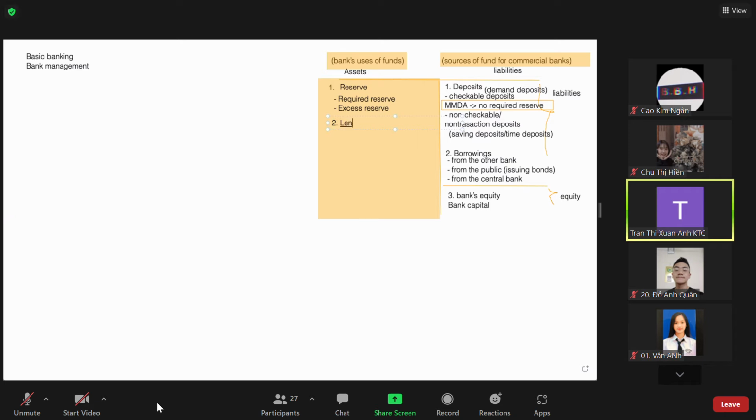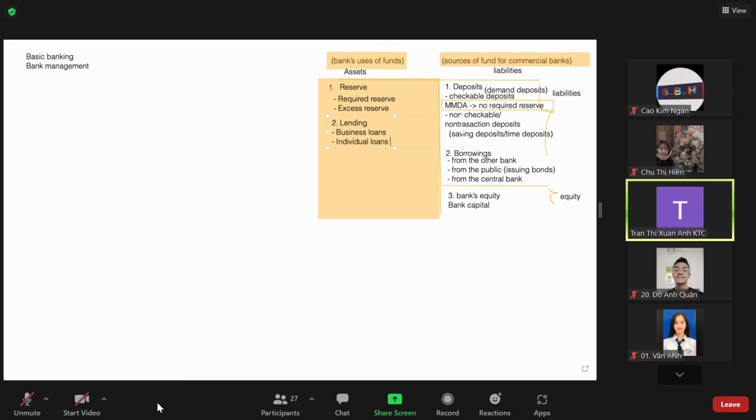And the second one will be lending. There will be some business loans, right? And there will be some consumption, individual loans, for buying a car and so on.